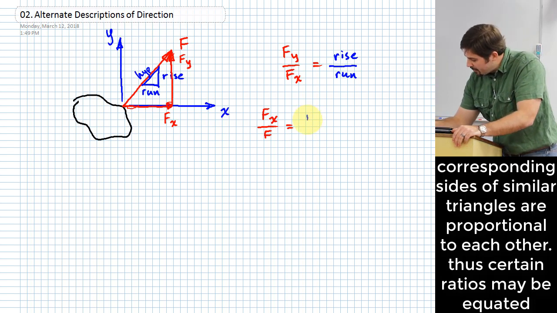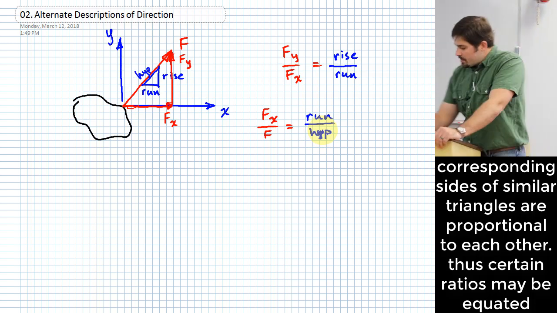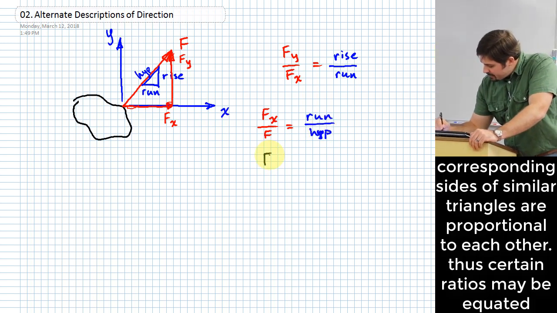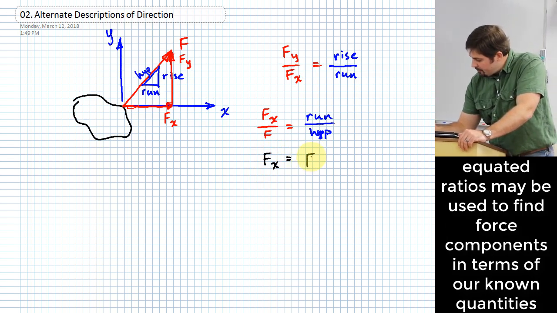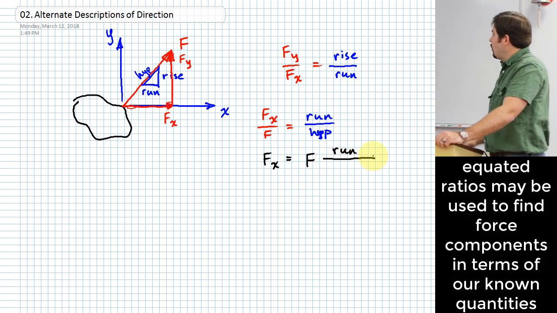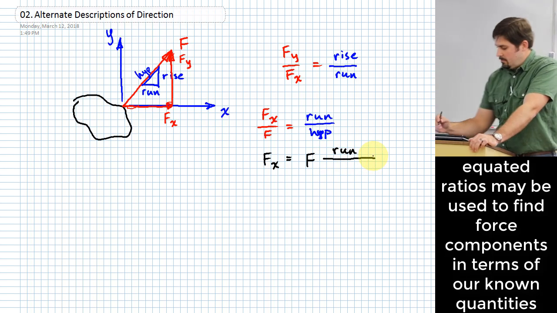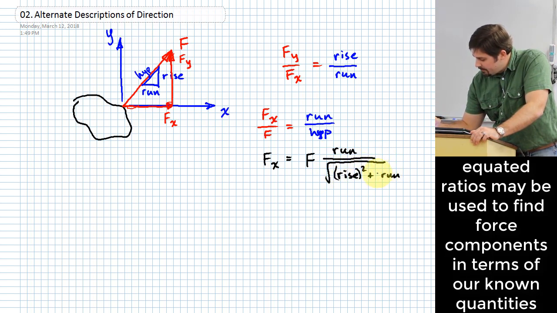Run over hypotenuse. What does that mean as far as the actual value of Fx? It'll be F times the run over the hypotenuse. And how long is the hypotenuse? The square root of rise squared plus run squared.